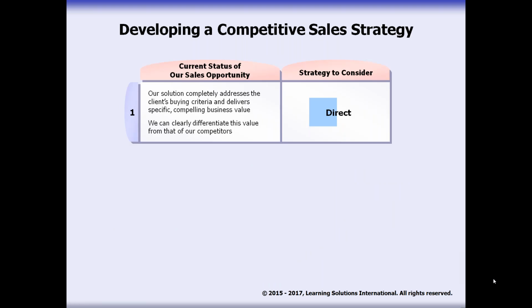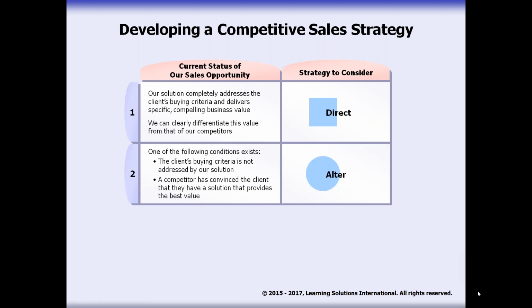And here's how you develop a competitive sales strategy. You can use that direct strategy when your solution completely addresses the client's buying criteria and delivers specific, compelling business value. And you can differentiate that value from your competitors. You implement an alter strategy when one of the following conditions exist. The client's buying criteria is not addressed by our solution, so we may have to alter our approach.